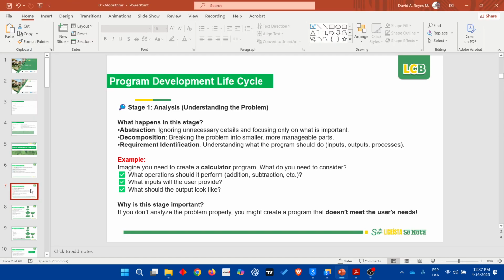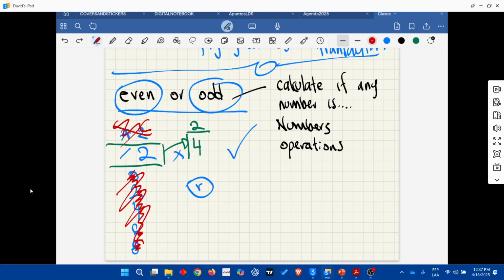Okie dokie. Now, decomposition. That means that you are going to break down your problem into smaller, more manageable parts. Okay? So, I'm going to give you an example. Here, you are going to divide the even number calculation into two parts.